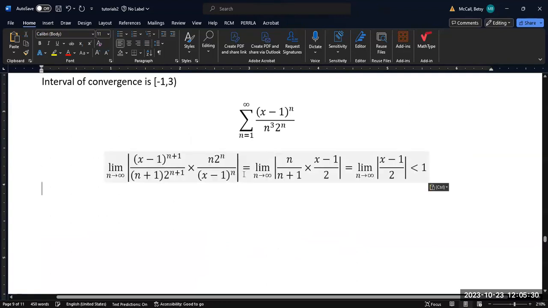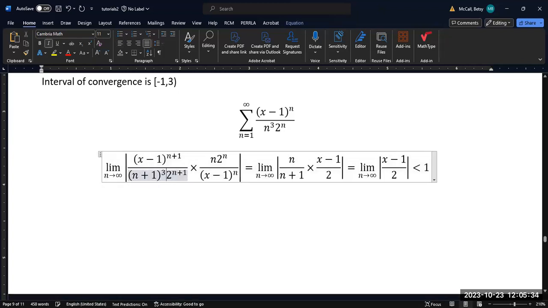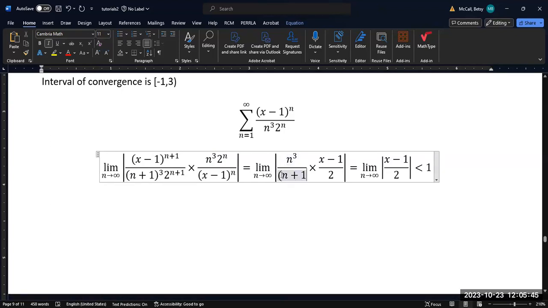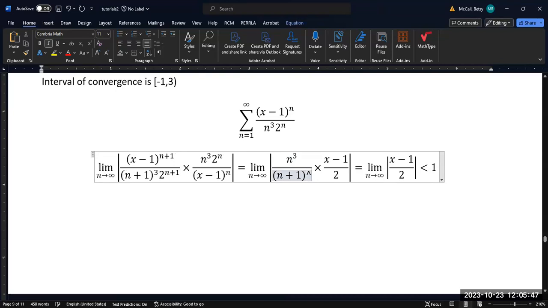But we're still basically running the same test. So this would be n plus 1 cubed, and this would be n cubed, and this would be n cubed. And you could multiply this out if you wanted, but it won't really change the fact that the leading term is still n cubed. And the limit of n cubed over n cubed, all the other terms are not going to matter, is still 1.